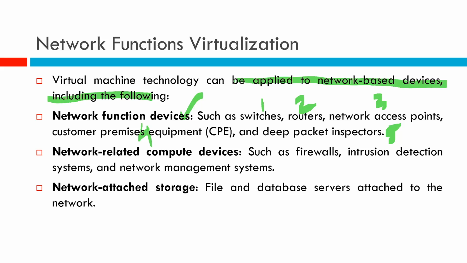And we have access points and customer premises equipment, something like an ATM machine. We need a router or switches to be connected to the modem, and then get into the ISP. So these are things we can convert into network based devices.